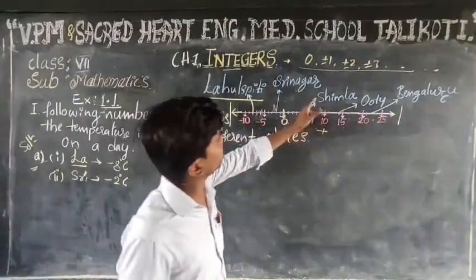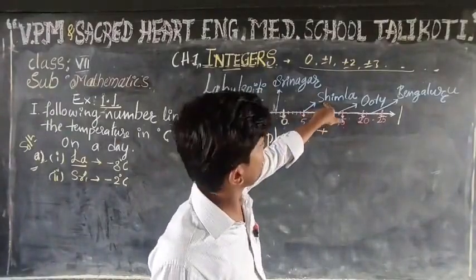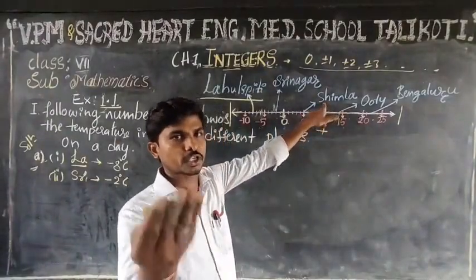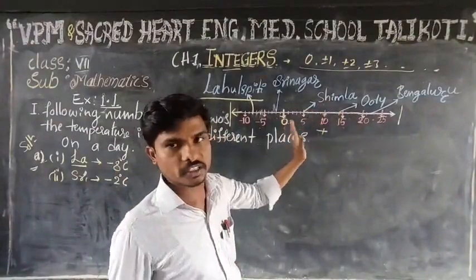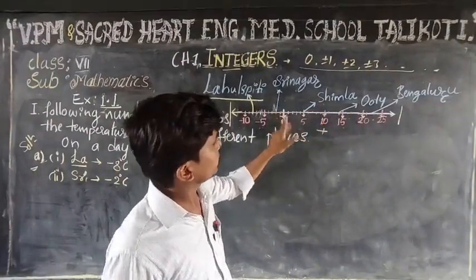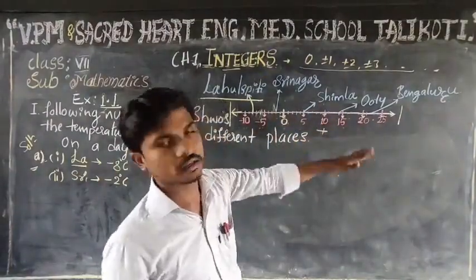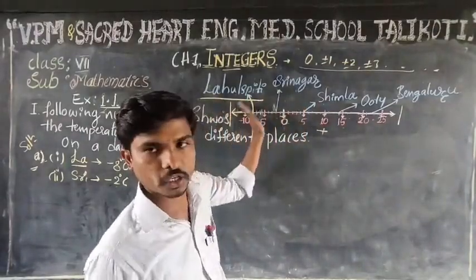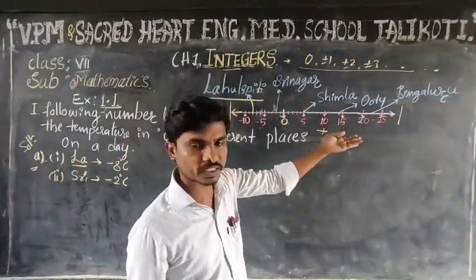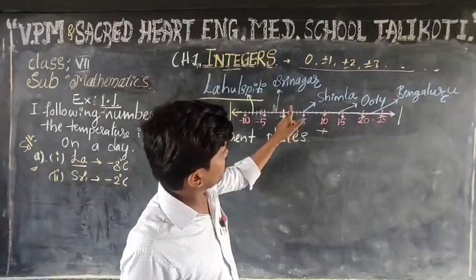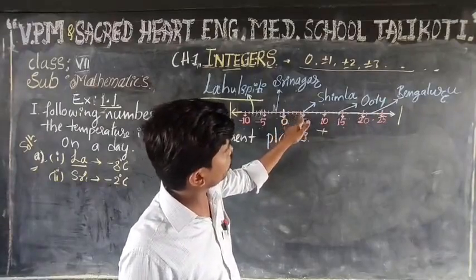Now coming to the third place, that is Simla. What is the temperature of Simla? Yes, you are able to decide the temperature. Here this is 0 degrees. This side is over. Now come to this side, where there are positive numbers: 0 degrees, 1, 2, 3, 4, 5.